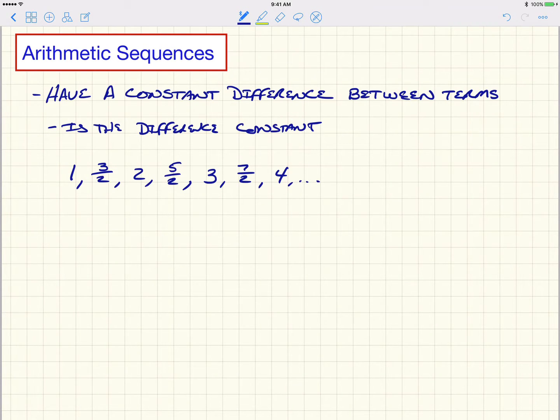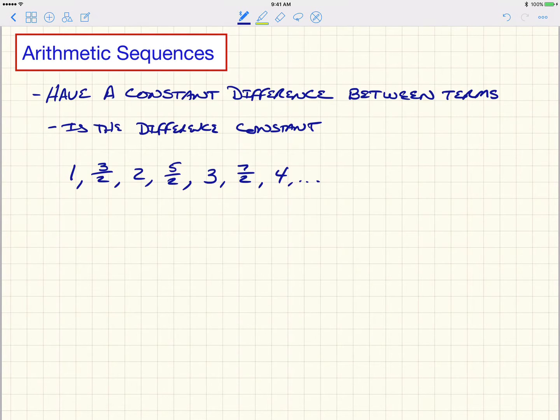Yes or no? Pause the video for a second. Take a moment to look at this, and then you tell me: is this an arithmetic sequence or isn't it? Pause the video real quick and take a look at it, and then come back.